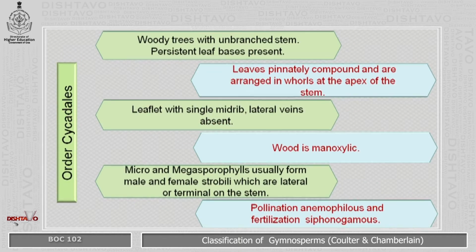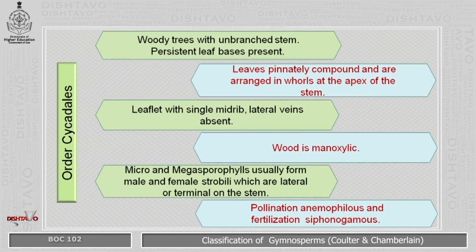Order Cycadales. These plants or trees are woody in nature with unbranched stem, that is, stem branches are absent. The stem is always rough due to the presence of persistent leaf bases.